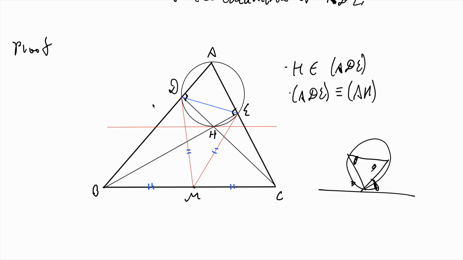If this angle equals this angle right here, then we are done, because this is an if and only if condition, and we already proved that in many of my videos, so please check it out.